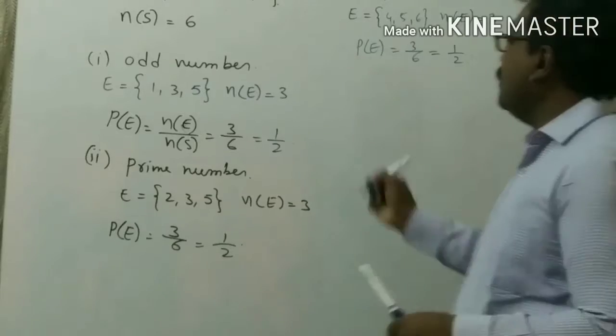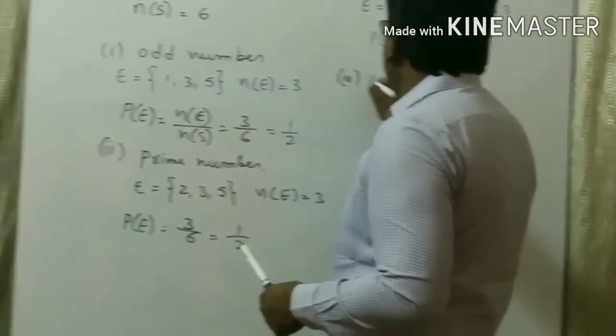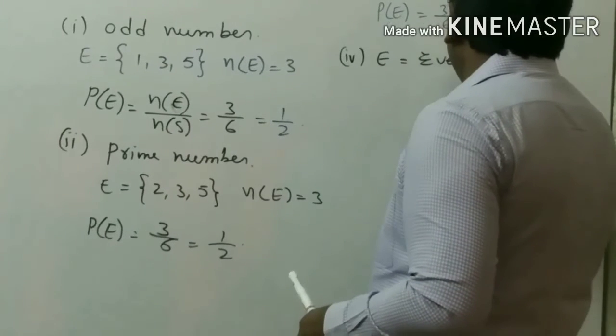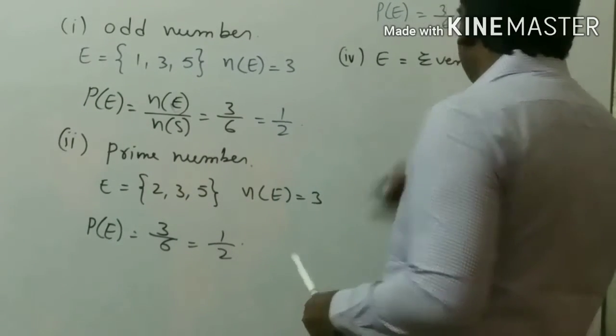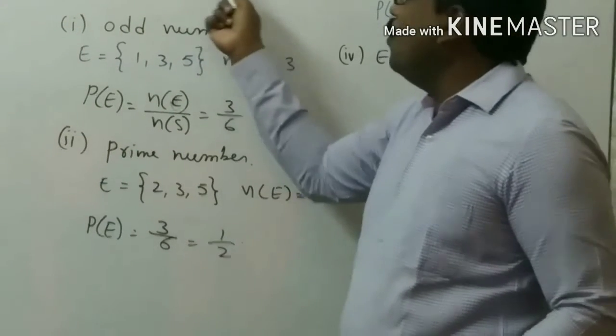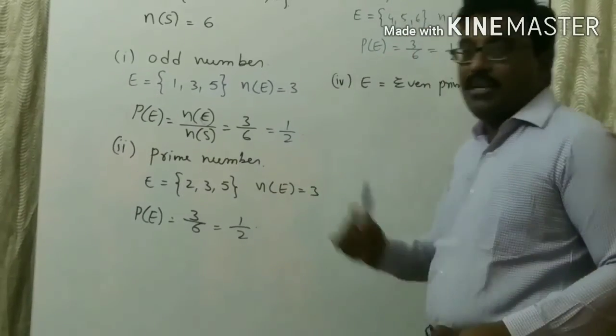Your next question is, what is the probability of getting an even prime number? What is an even number? 2, 4, 6, 8, and so on are even numbers.